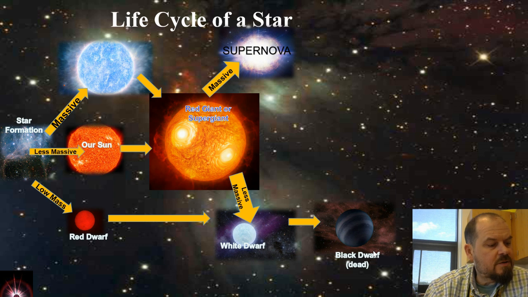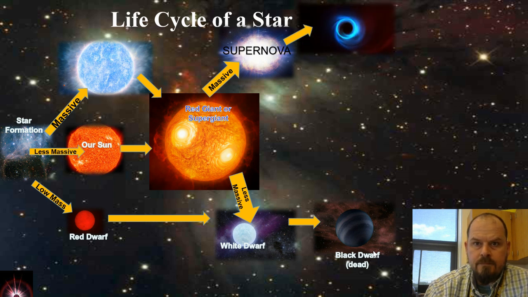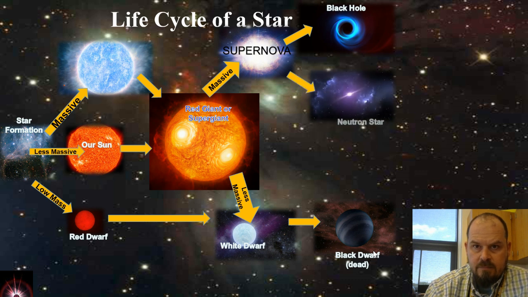So a red dwarf is going to turn into a white dwarf, which is going to turn into a black dwarf. I see color on here, I see luminosity on here, I see small stars, I see massive stars on here. Supernovas turn into black holes or a neutron star.